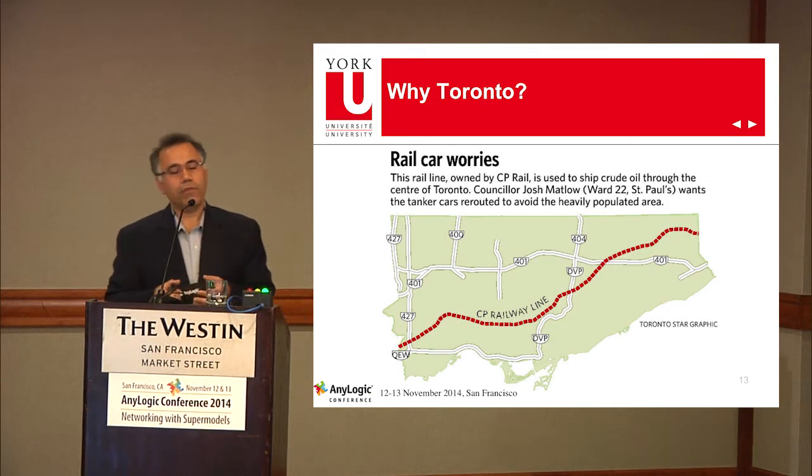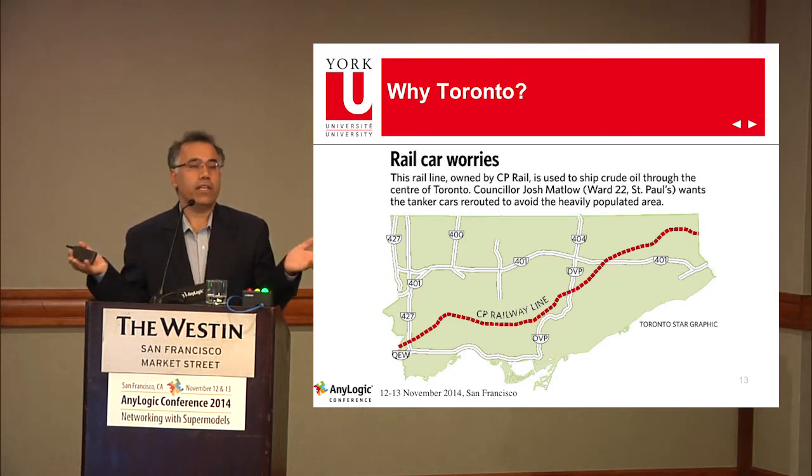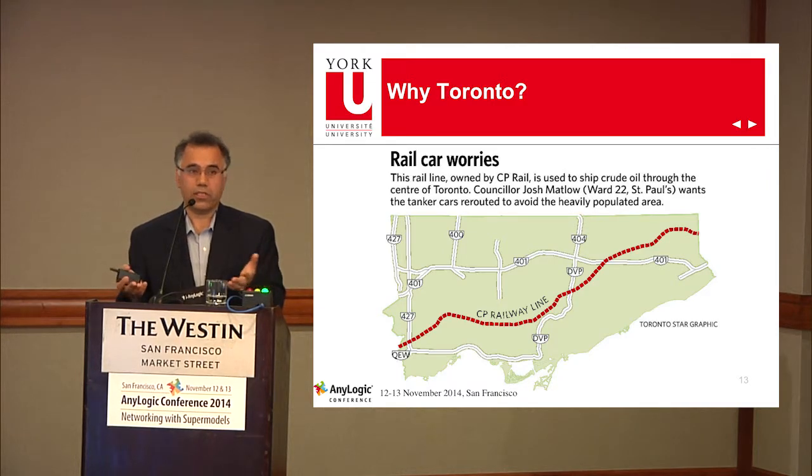And now, why did we choose Toronto? Of course, this could be applied to any other city, and that's our intention. This is not just for Toronto. We chose Toronto as a prototype because we are in Toronto, and also I had better data for Toronto.